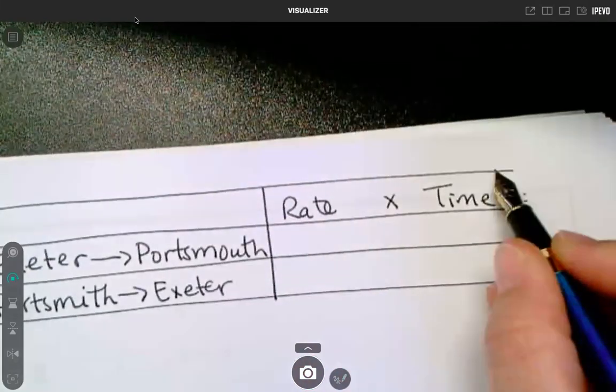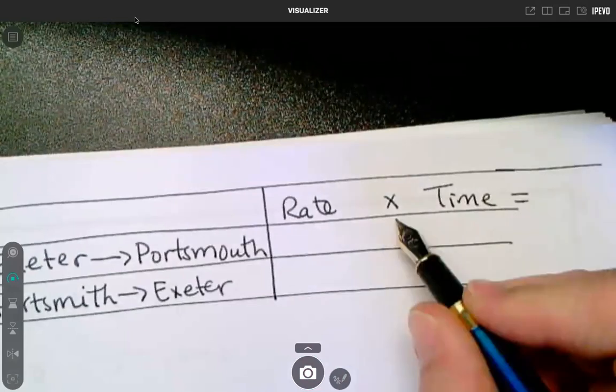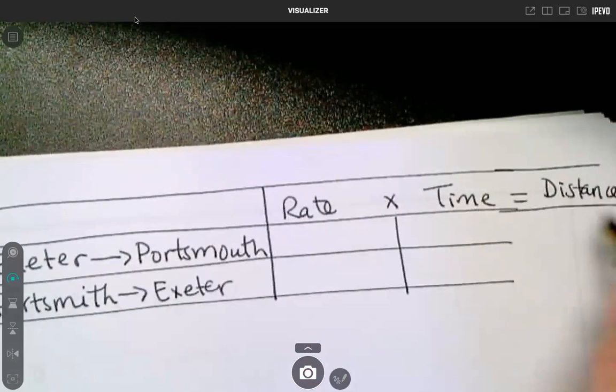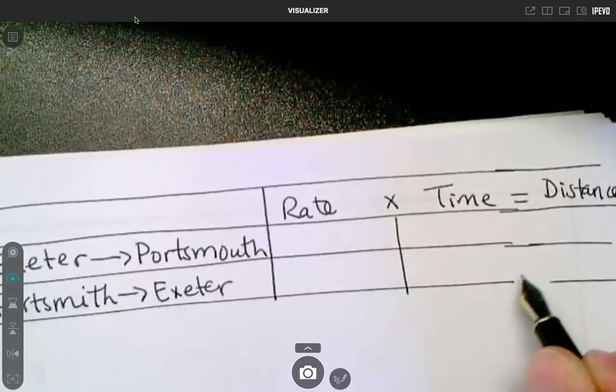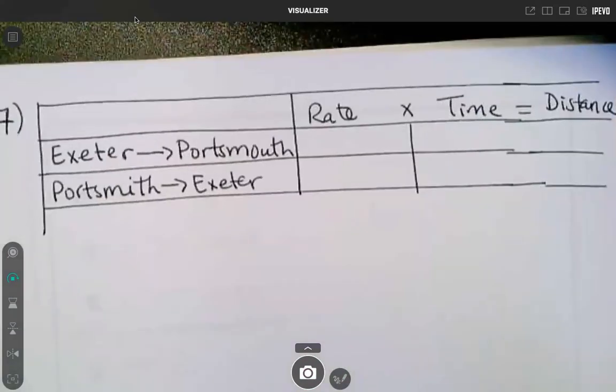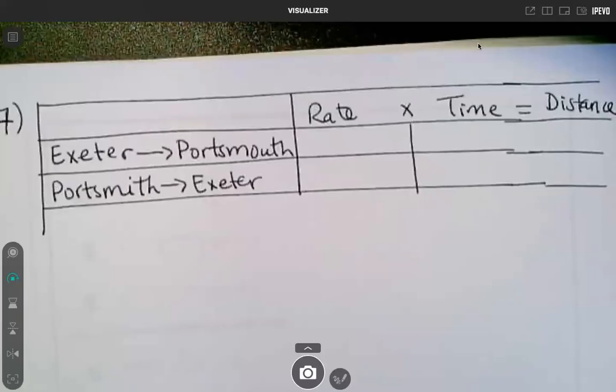So I kind of set you up a little bit. Okay, and I'm going to pause the recording. So video people, pause the video and try and do this also. Okay, we will finish up number 7 in the next video segment.